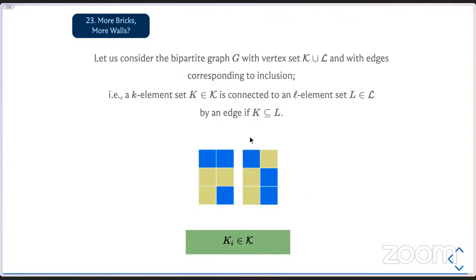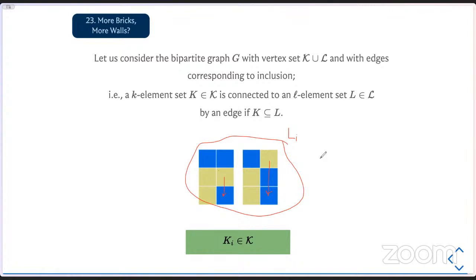And I claim that these two are in the same equivalence class because if you did the gravity thing, this would go down, this would go down. And in both cases, you would get the wall which has 2 bricks on the first column and 1 brick on the second column. So these two come from the same equivalence class, some Li.